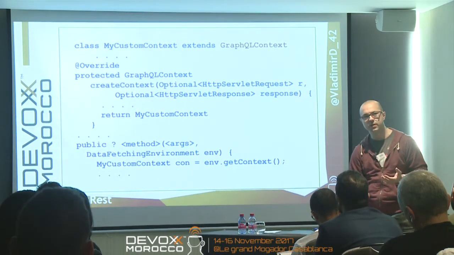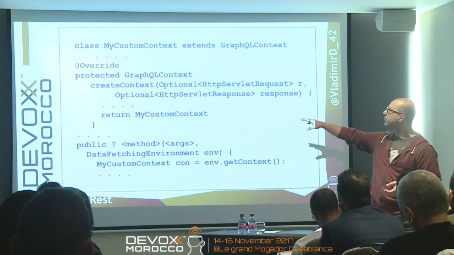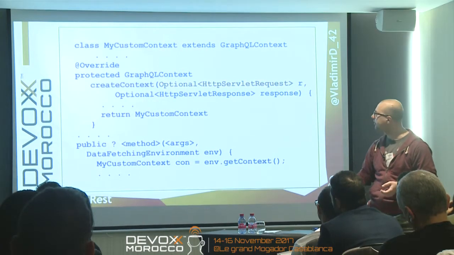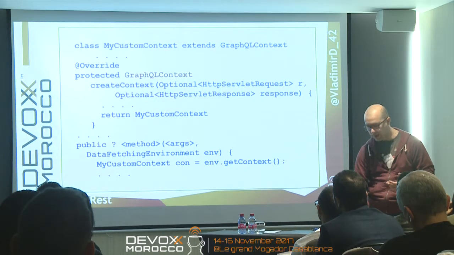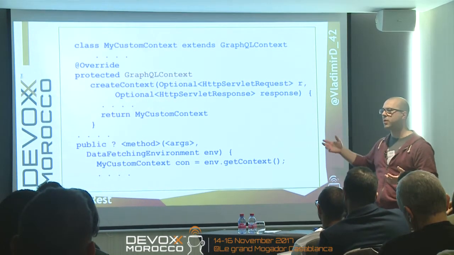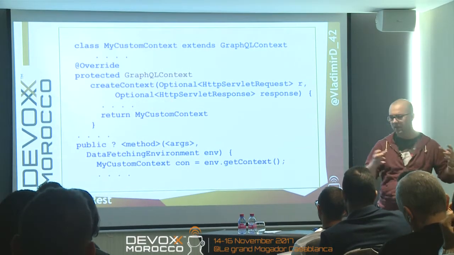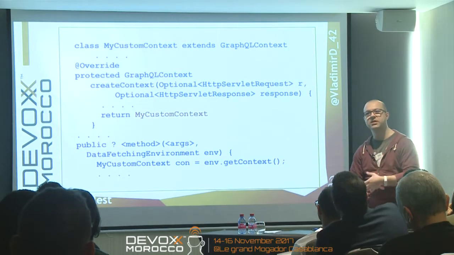In order to use it, in the servlet that I was using in the front, you have to override the method which calls create context, taking the request and response and sending back the GraphQL context. Then from the request you take the headers, do whatever checks are needed, feed them into your custom context, and send your custom context back.